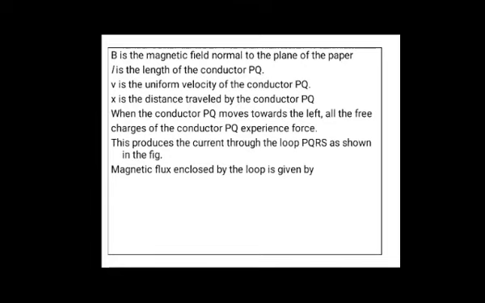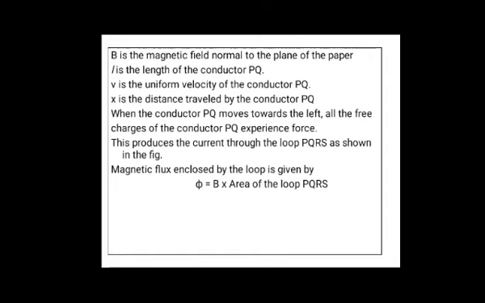So the magnetic flux enclosed by the loop is given, according to the mathematical form of magnetic flux, by phi equal to field into area. Phi is magnetic flux, B is magnetic field, field into area of the loop. Since the loop is of rectangular shape, the area can be calculated using the formula length into breadth. Here length is L and breadth is X.